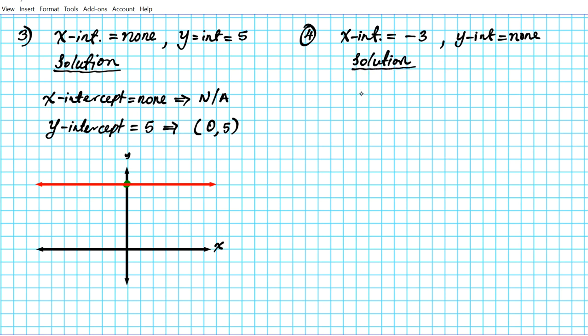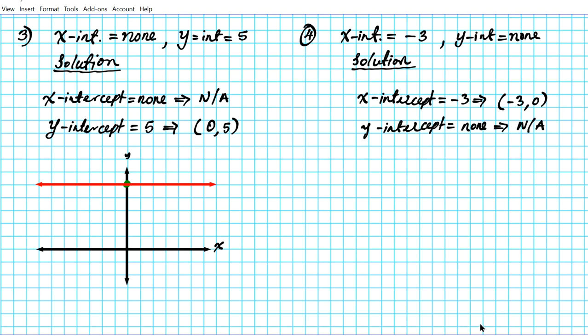Okay, so let's go ahead and write down the coordinates that correspond to this information. The x-intercept is -3, basically means that it goes through the point -3, 0. If the y-intercept is non-existent, then what point does it go through on the y-axis? None is not applicable here.